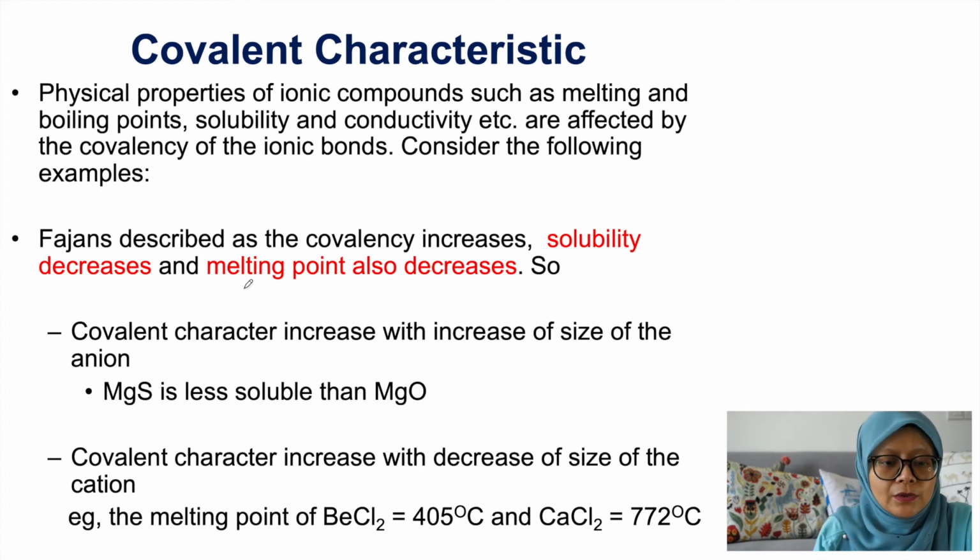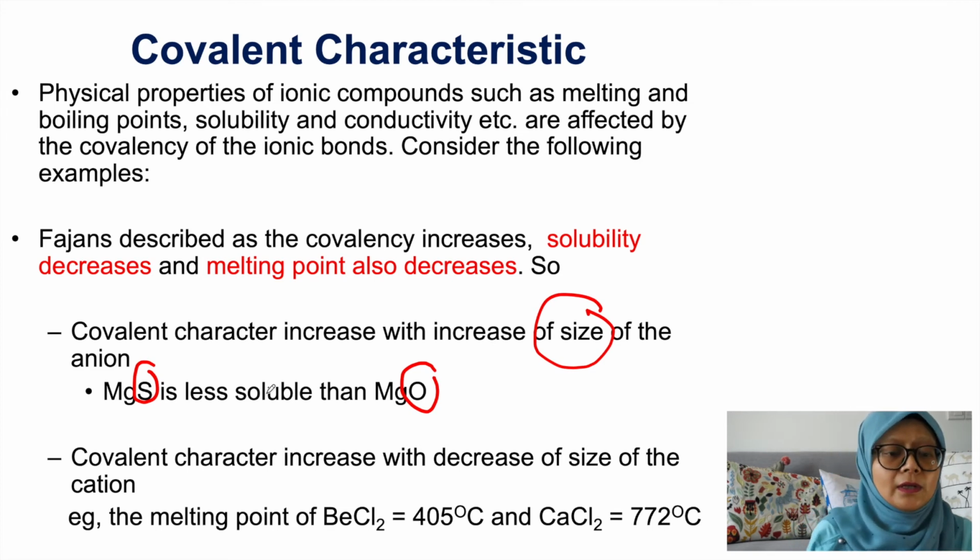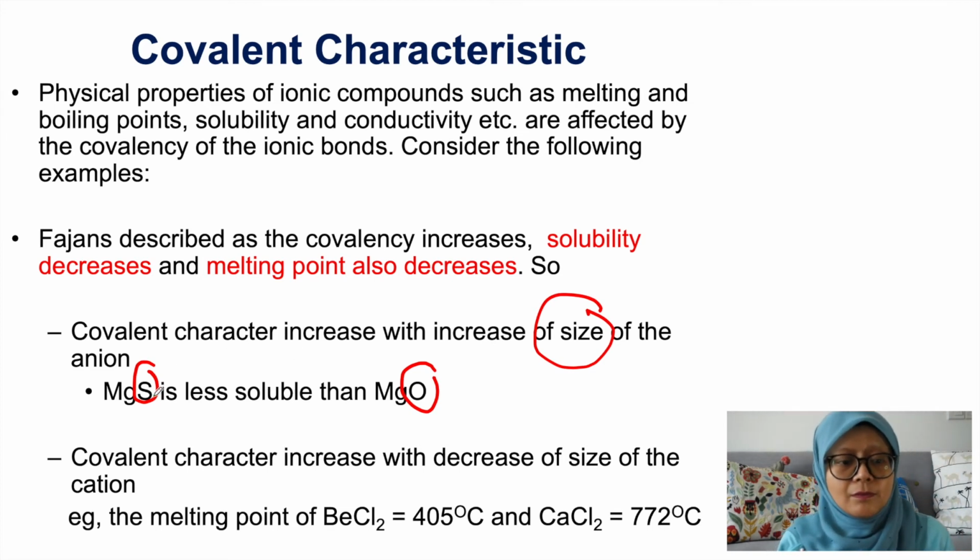If you see the position of sulfur and oxygen in the periodic table, sulfur is much bigger than oxygen. So this is based on the size. When we have a larger size of anion, there is more covalent character in that compound. So magnesium sulfide is less soluble than magnesium oxide.